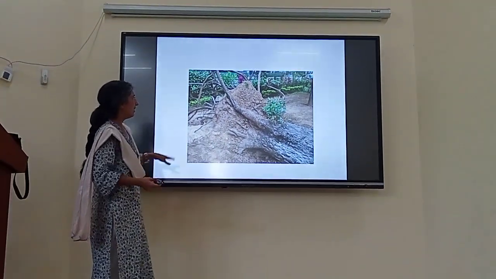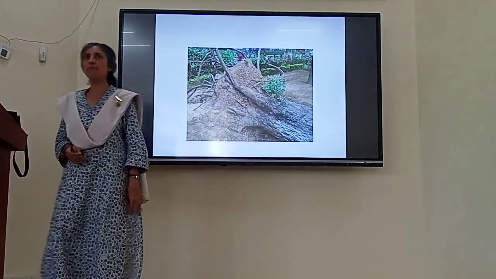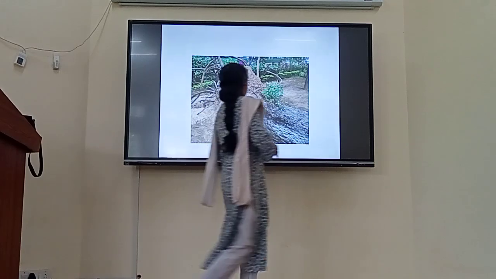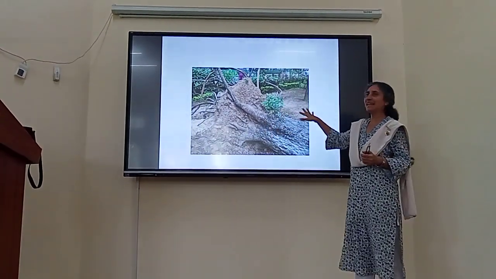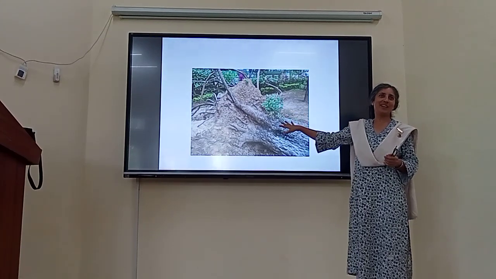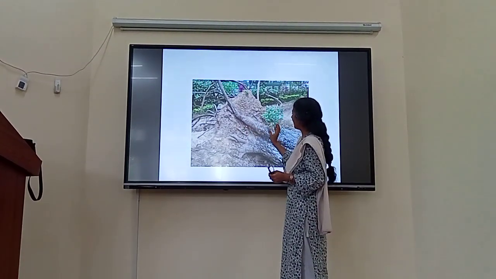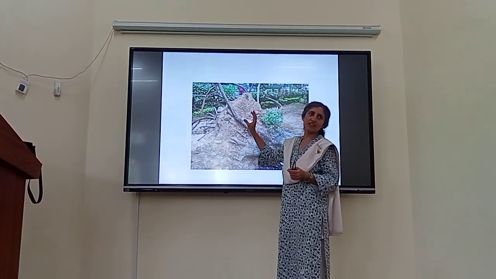Okay, then this is a picture which was taken in Goa. I've been to Goa. One of the parks had a tree which had fallen down. Many pictures are taken by me. You can see the plant has fallen, but still the plant has started growing. You have seen regeneration, types of regeneration.